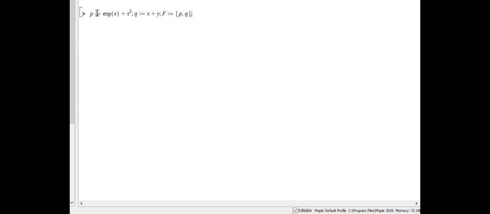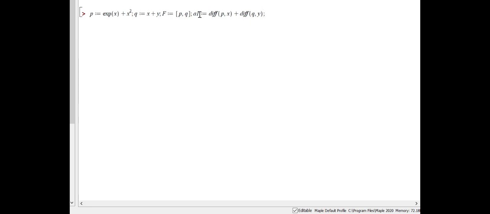And now I can define, here I missed the semicolon, and now I want to get the divergence, which I put as A1 is equal to differentiation of P with respect to X plus differentiation of Q with respect to Y, which is exactly the divergence.